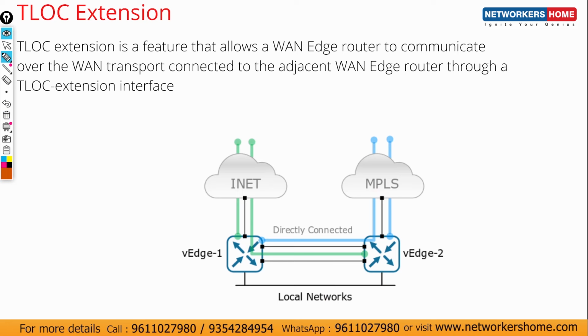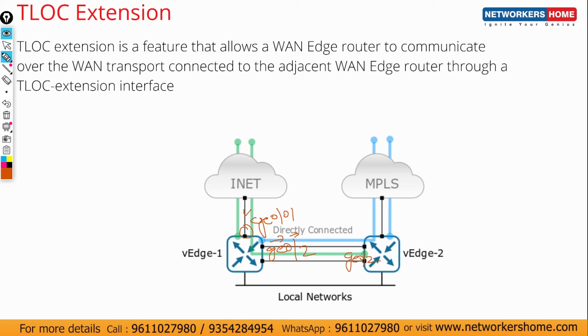This is the internet connection. Let's call it GigabitEthernet 0/0, GE00, and this one, let's say, GE02. This is also GE02. So you want this interface to be the extension, or TLOC extension, for this particular interface.